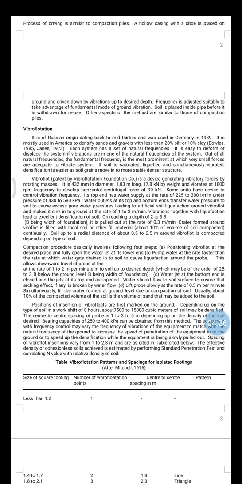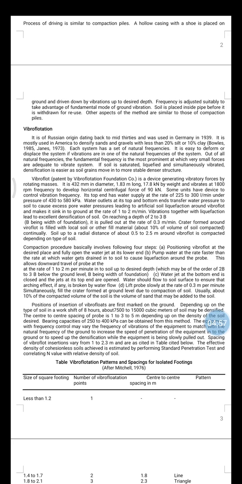Artificial soil liquefaction means densification of the soil around the vibrofloat, and it makes the vibrofloat sink into the ground at the rate of 1 to 2 meter per minute. With a water jet of 225 to 300 liters per minute, the vibrofloat will move into the ground 1 to 2 meter per minute.